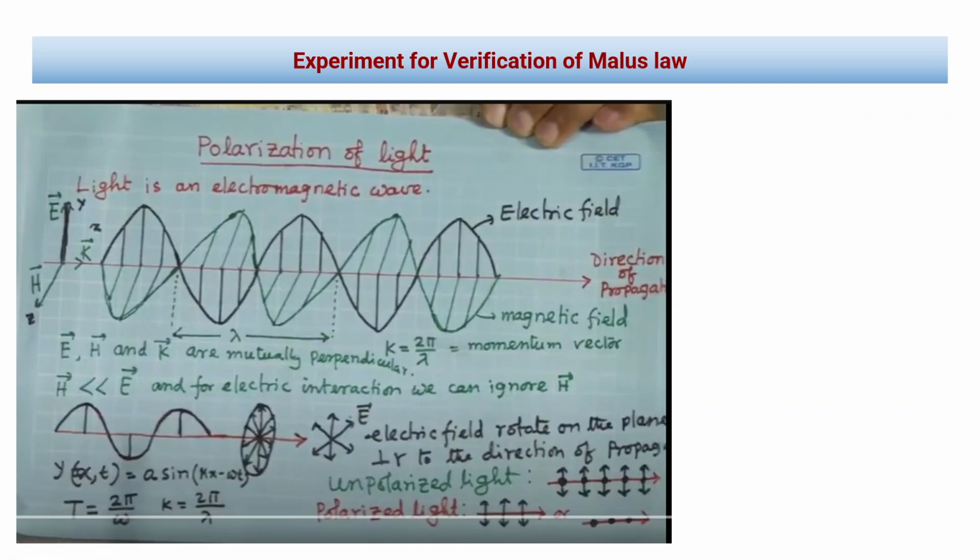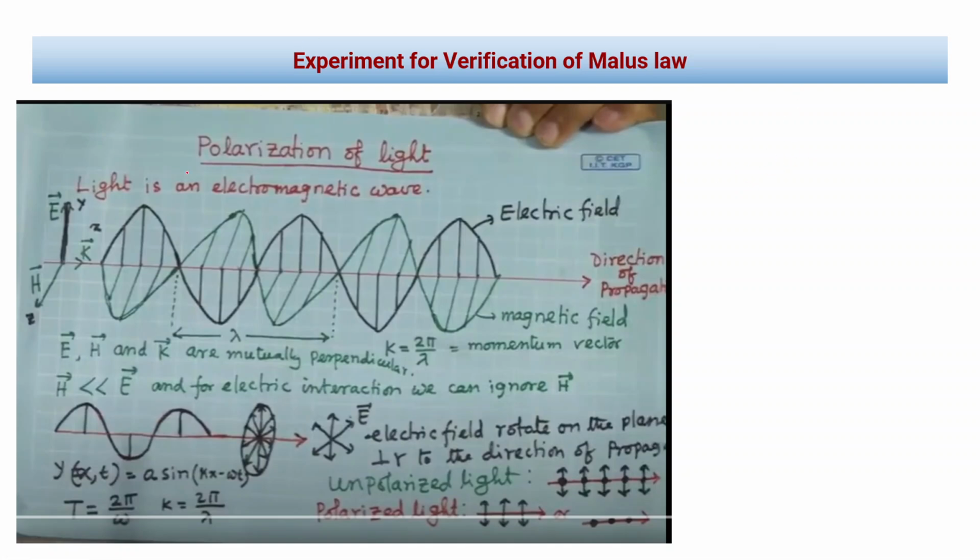The next thing we had discussed was verification of Malus law. We started by talking about how light is an electromagnetic wave. It has electric field and magnetic field components, and since the electric field component's magnitude is significantly higher than the magnetic field strength, we usually ignore the H value and only talk about the variation of the electric field when discussing polarized or unpolarized light.